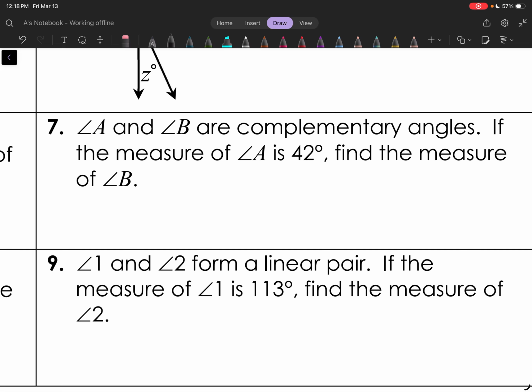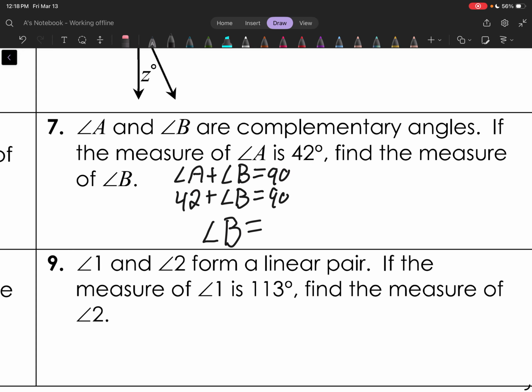If the measure of angle A is 42, find the measure of angle B. From the top, angle A plus angle B equals 90. Angle A is 42, so 42 plus angle B is equal to 90. Subtract 42 on both sides. Angle B is equal to 48 degrees.